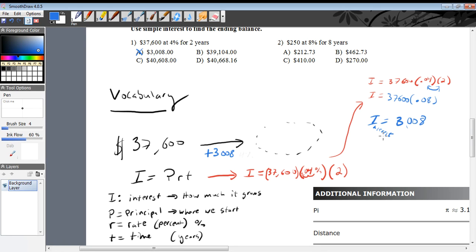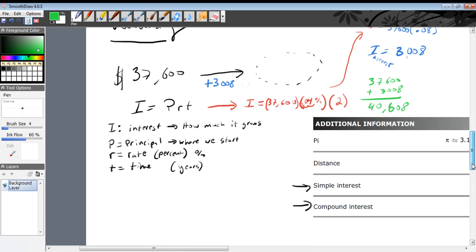So we just need to add 3,008 to 37,600. 37,600 plus 3,008 is going to give me 40,608, which is C.